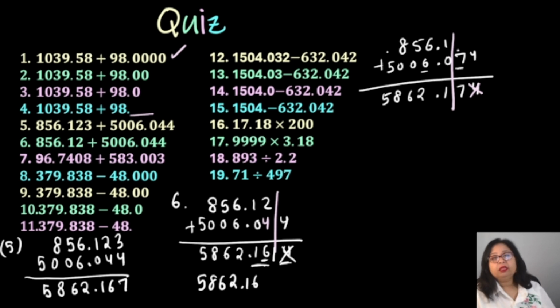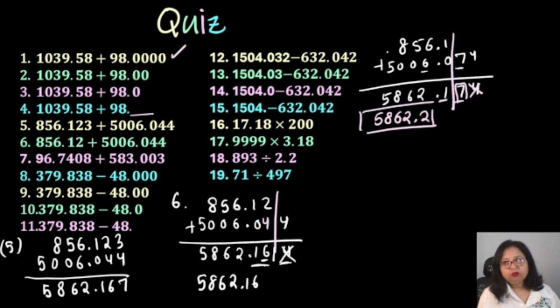Pretend like it's not even there. This 7 now, it does matter. Because this is greater than 5, that means this 1 will round up to 2. So the answer will be 5862.2. So this is just an extra example that I inserted in here to illustrate a point.